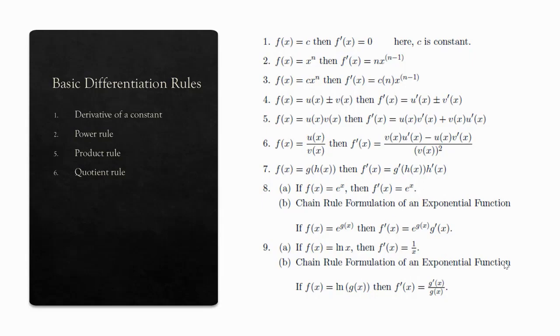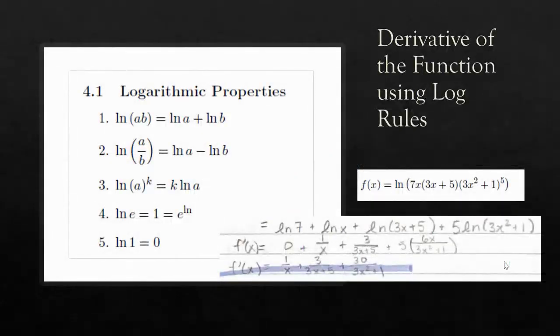And with that, we will move on to the derivative of a function using log rules. You're going to be given functions that have a natural log, and you can often simplify them using these logarithmic properties and then find the derivative.